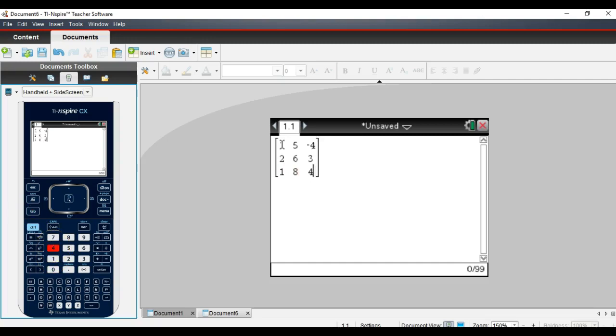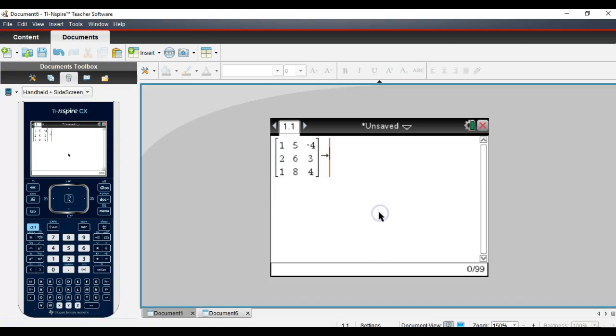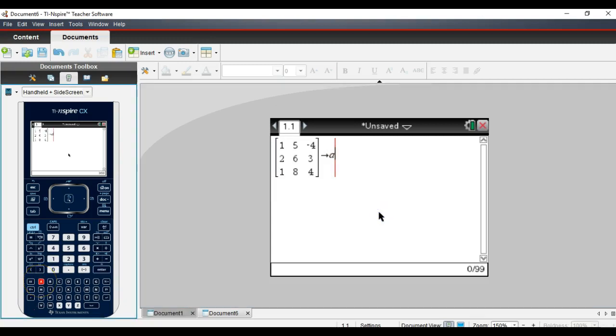What you want to be sure of, the biggest mistake you're going to make in this section, is having a typo. So 1, 5, negative 4, 2, 6, 3, 1, 8, 4. Move the cursor to the right. Let's store this. Control, var, A. We have stored matrix A.